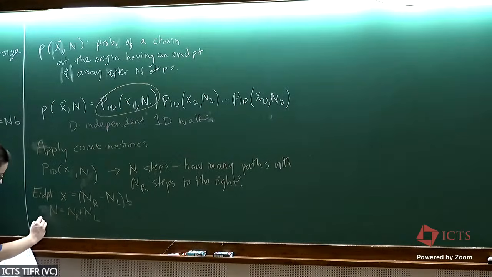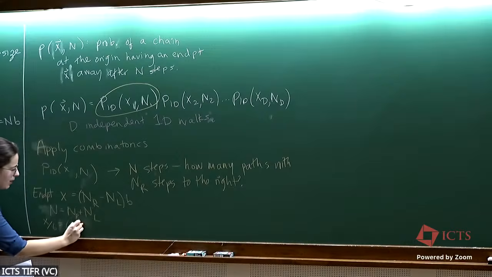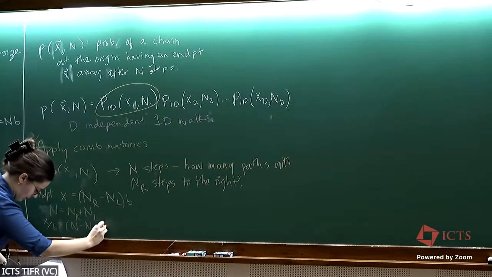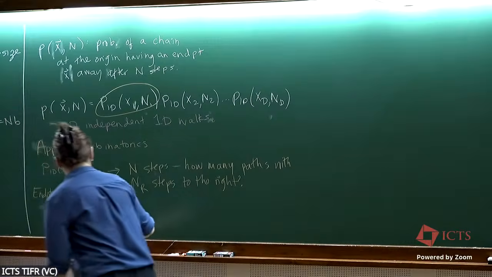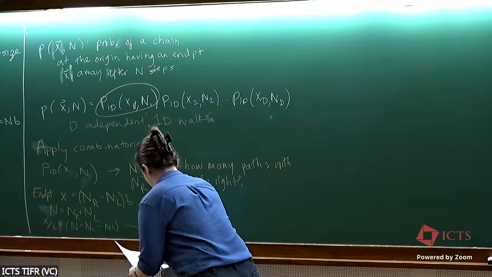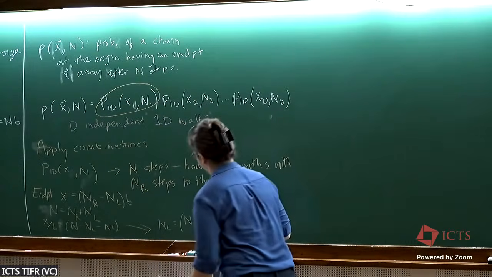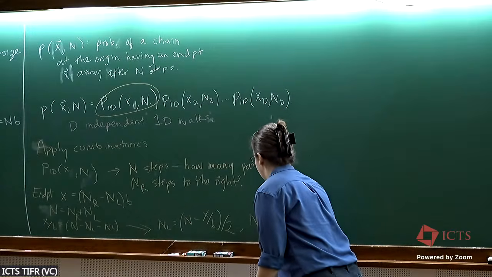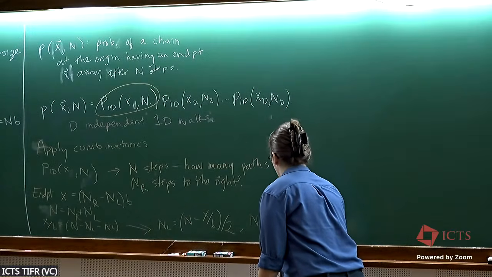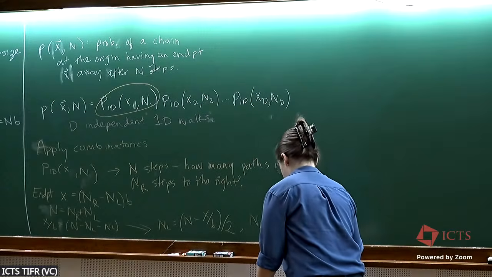Let's solve for n_L. Let's plug in the expression n minus n_L into n_R. And we have x over b is equal to n minus n_L minus n_L. Solving for this, we find n_L is equal to (n minus x over b) over 2. And similarly, n_R is equal to (n plus x over b) over 2.